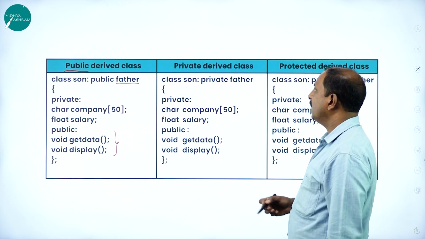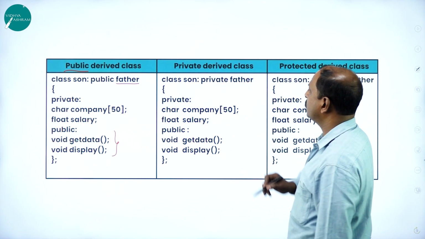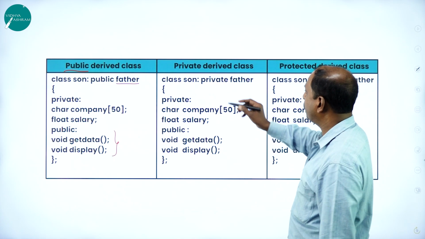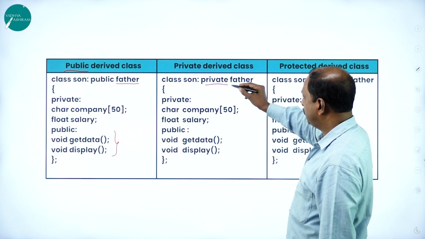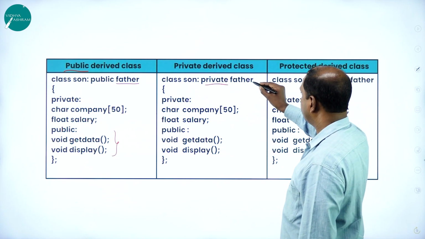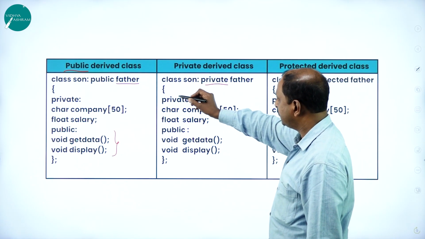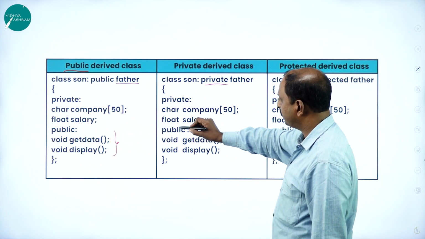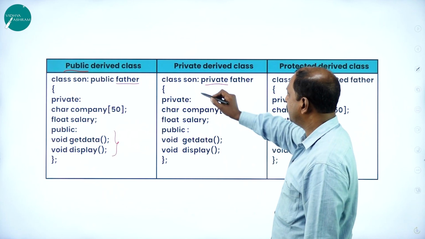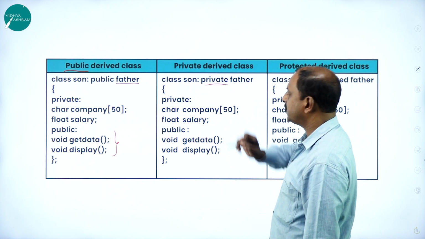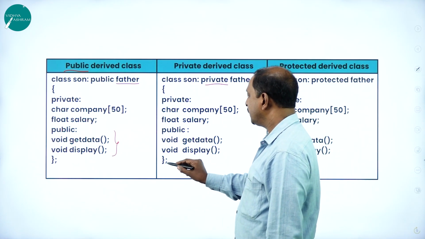Now similarly, let us see the private derived class. Here private is the visibility mode, similarly private and father, where father is the base class. Then we open the bracket. Inside this we have data members and member functions of this derived class son in this example. Close the class with a semicolon.